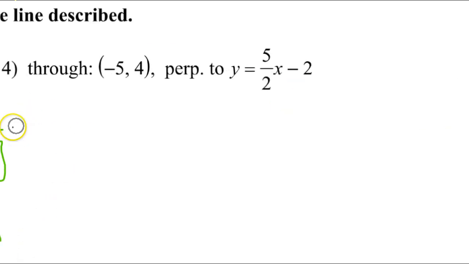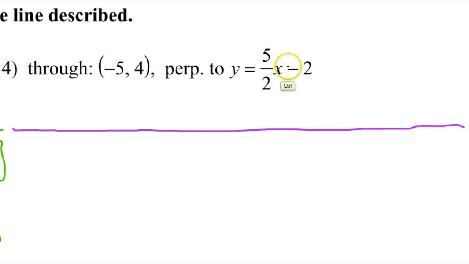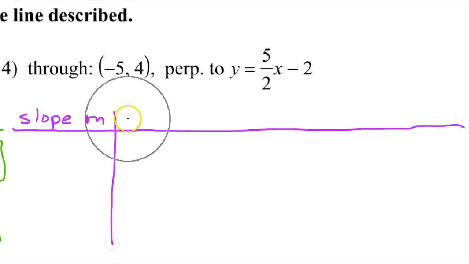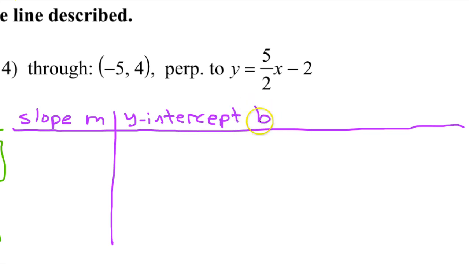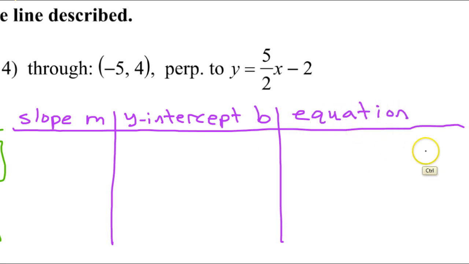Problem number 4 is almost the same, except instead of a parallel line, we are given a perpendicular line. So we'll discuss what to do about that. But first, let's get our setup. So as always, I'm going to do the slope m in the first column, and then I will find the y-intercept b in the second column, and then I can write the equation, which is the final answer.